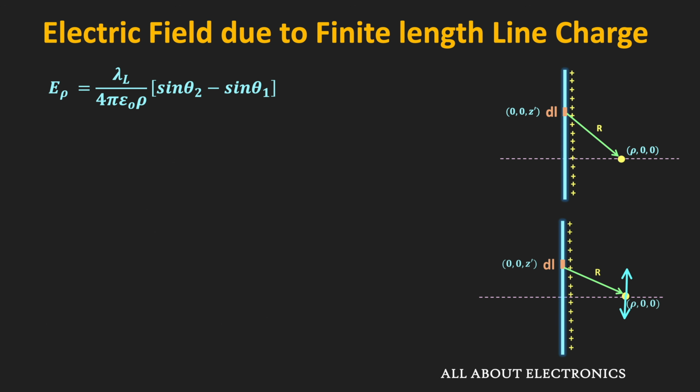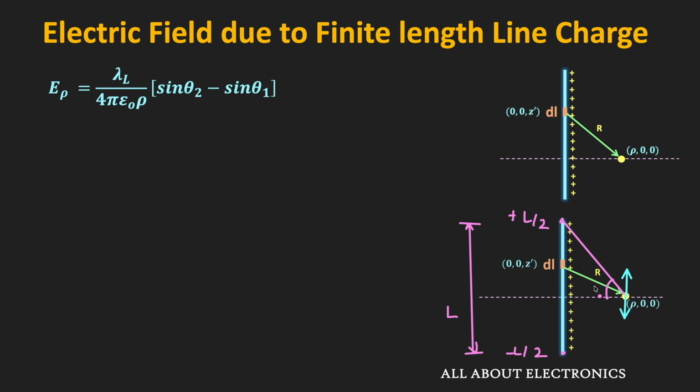So in this expression, if you see the sine theta 2, or basically the theta 2, it represents this angle. So let's say over here, the overall length of the line charge is equal to L. That means this length is equal to L. Let's say this point is at plus L by 2 height and this point is at minus L by 2 height.